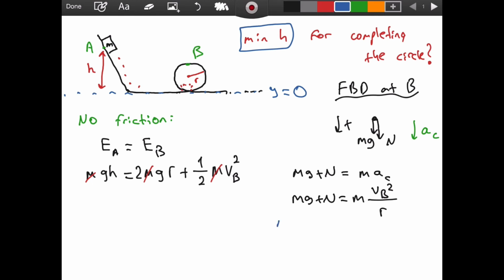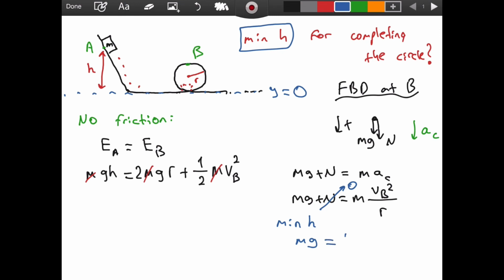For minimum h, we will have mg, but N this time will go to 0, because as I said, for the minimum case, our block is just at the edge of falling. It isn't going to be able to complete the circle. It is just at the limit, and when that happens, N is 0, because normal force is a force of contact. If the contact is about to be lost, well then N should be very small, and in the limit, in the ideal case, it is 0.